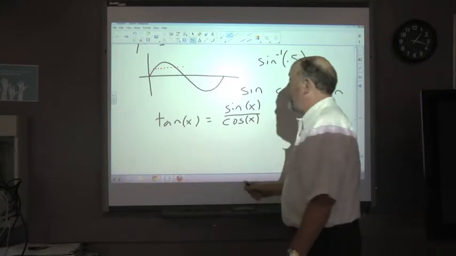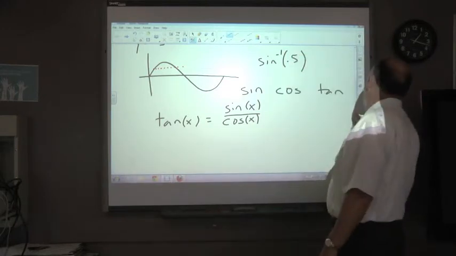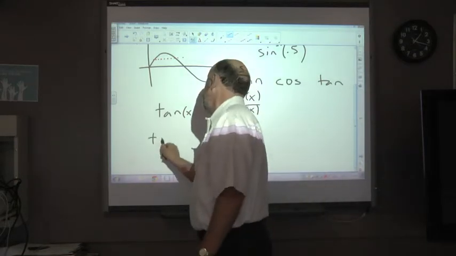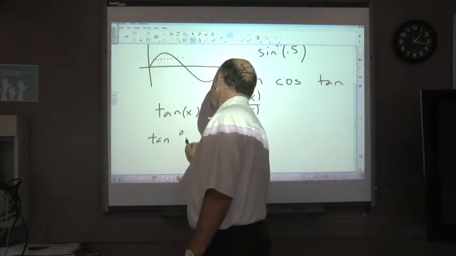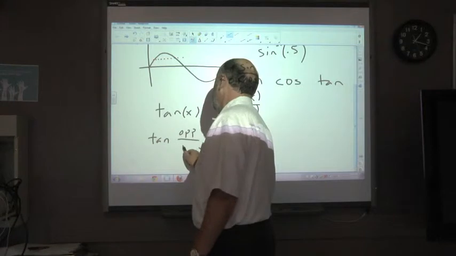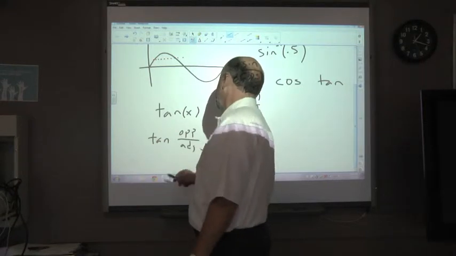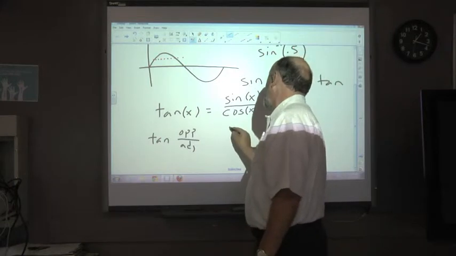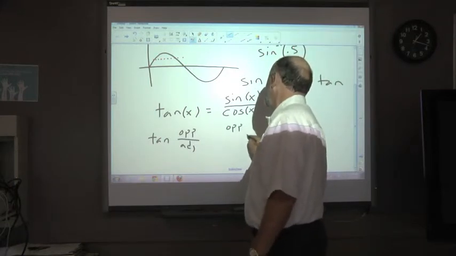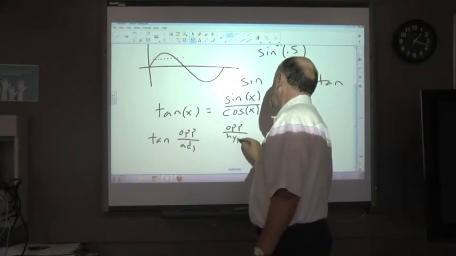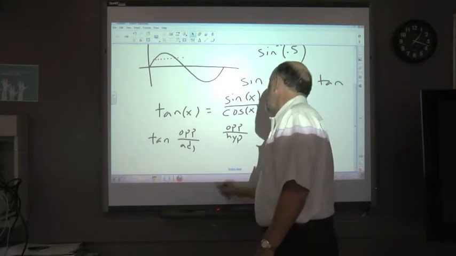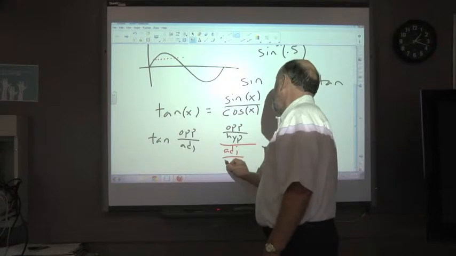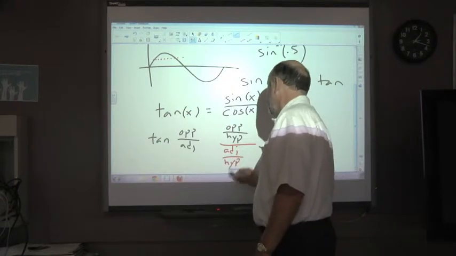As I remember, in terms of the whole SOHCAHTOA, we said that tangent was opposite over adjacent. That's what tangent is. Sine is opposite over hypotenuse. Cosine is adjacent over hypotenuse.